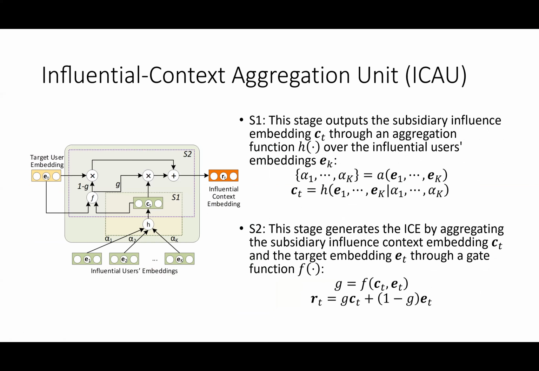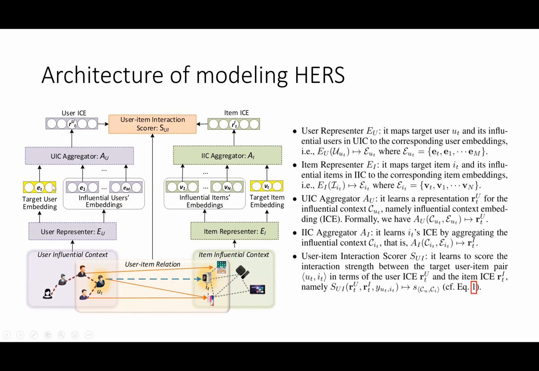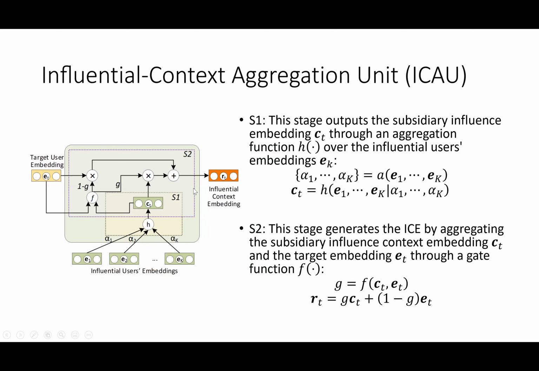We still have to consider how to integrate the individual target user or target item embedding with a context, and that's a key thing. So you have the individual user or item embedding, and then their context embedding, and then how to aggregate them. That becomes a critical challenge.